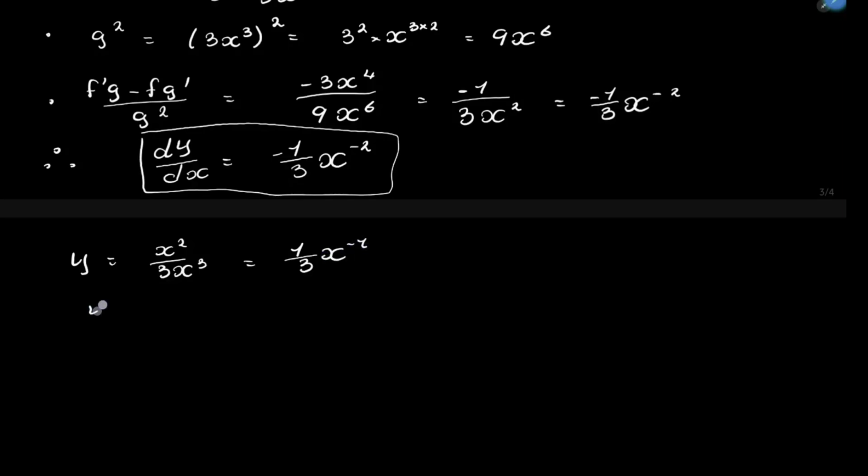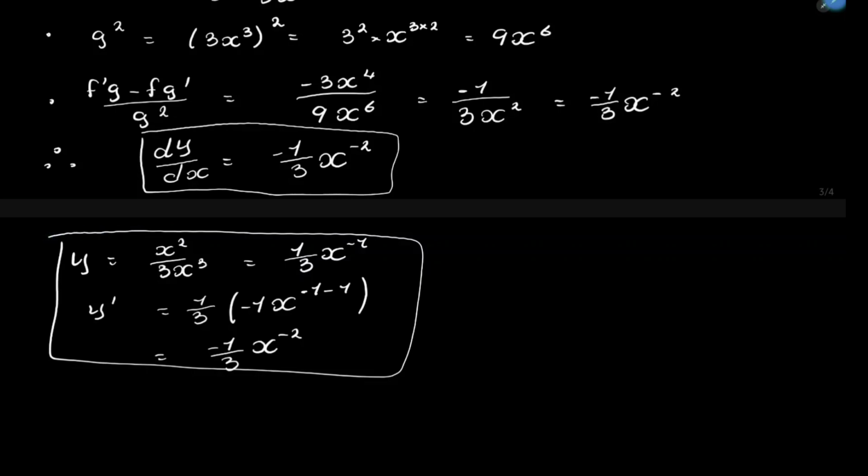And differentiating this, y prime would be 1/3 times negative 1 times x^(-1-1), which gives us negative 1/3 x to the negative 2, which gives us the same answer. So this is just to affirm that the quotient rule works systematically for any case.